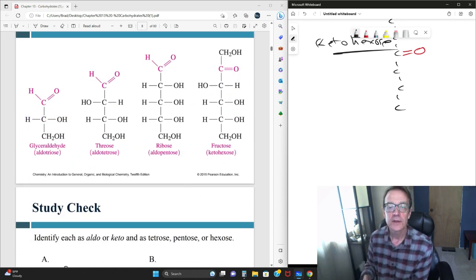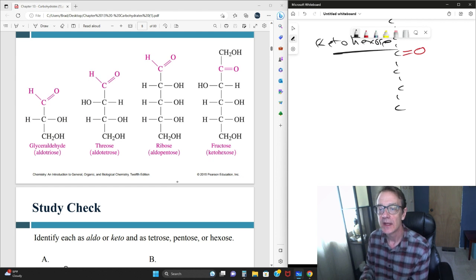depending on whether you have the aldehyde or ketone on there. Okay, so let's look at a few examples here. So we have 3 carbons. That is an aldo because it's got an aldehyde, aldotriose. Okay. Again, we have an aldehyde. We have 1, 2, 3, 4. So aldotetrose in the second case.